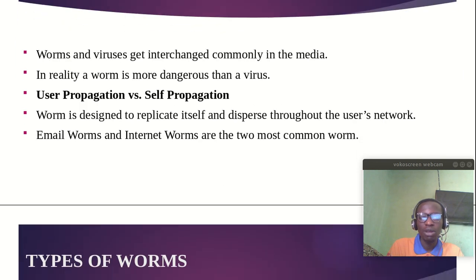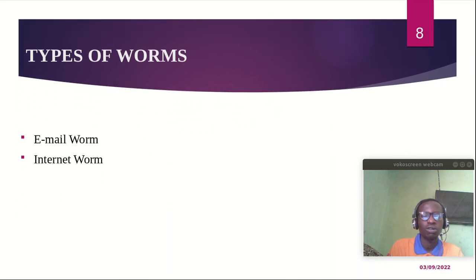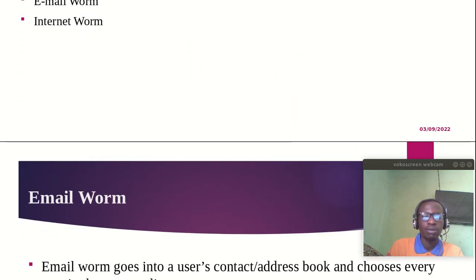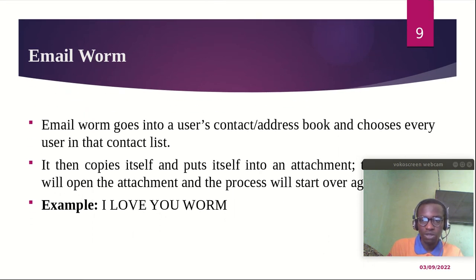Then we have types of worms. We have email worms and we have internet worms. So let's go and talk about them. Email worms go into your email address contact book and select all contacts in that list. Then it copies itself into an attachment and sends a message to all the contacts in the book that it selected. Once the user opens that attachment that it sent, it is going to infect your computer and the process will start over.